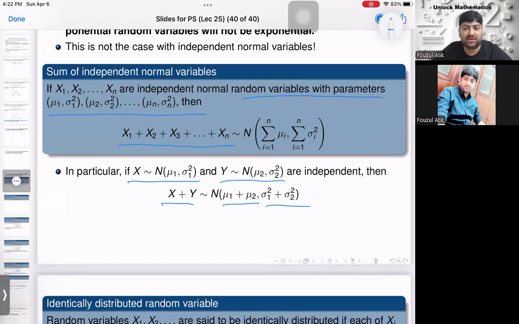Whereas in the case of continuous random variables, if two independent random variables are uniform, their sum is not uniform. We also discussed that the sum of independent exponential random variables is not exponential. Whereas for independent normal random variables, their sum is again a normal random variable.